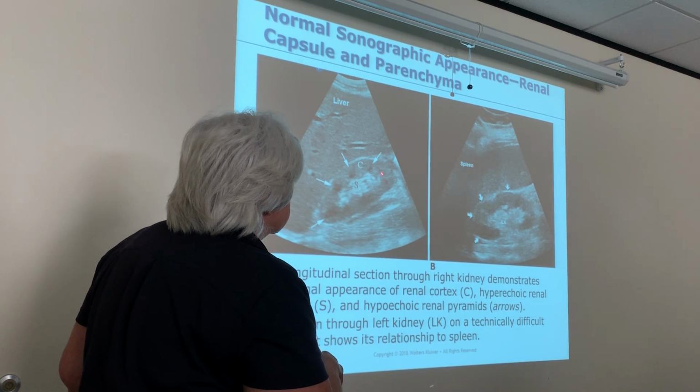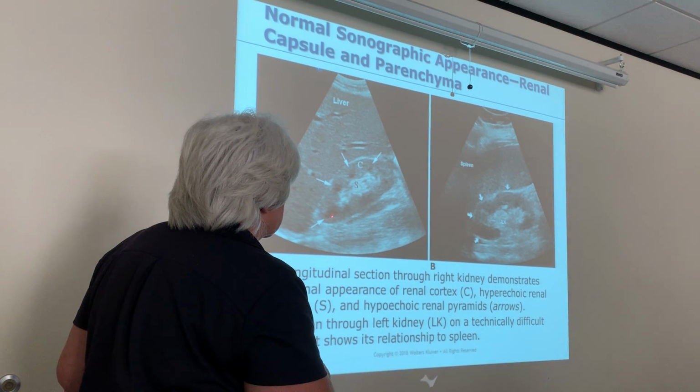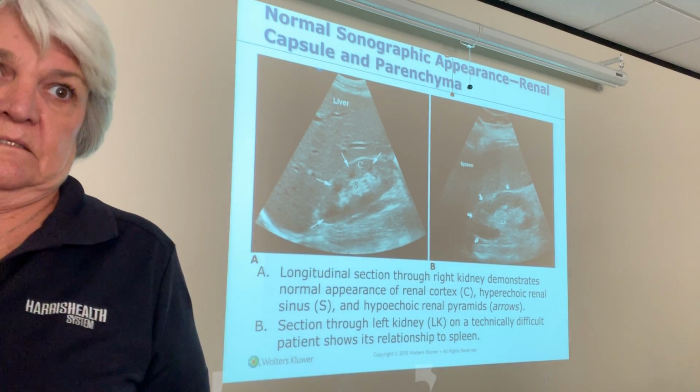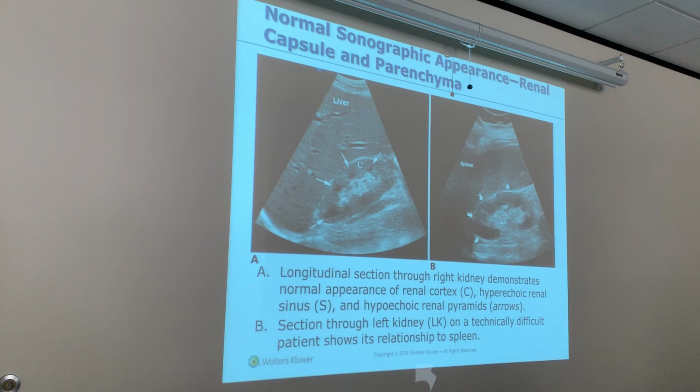See these little areas right here? That is fluid in the calyces. So I'm not going to measure them. If I have just one, I'm going to measure it. But if I see a series of them, I'm not going to measure it.